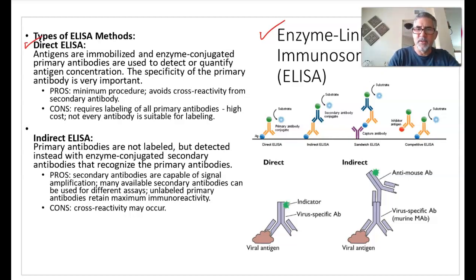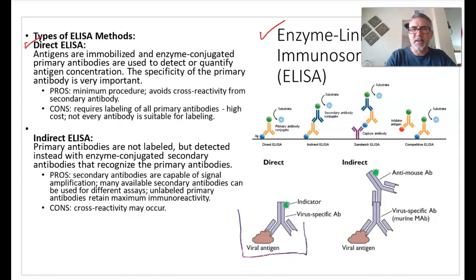So what happens is, if I have my well plate here, the antigen sticks to the bottom of the well plate, right? And then the primary antibody. I have antibodies that have been produced. Maybe I injected a rabbit with the viral antigen, and the rabbit produced antibodies.